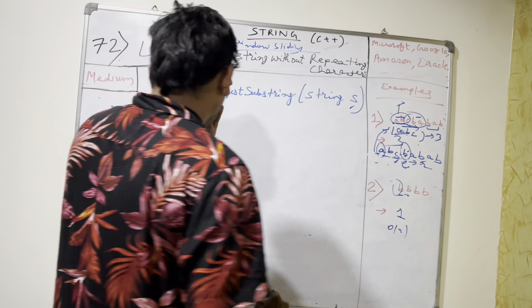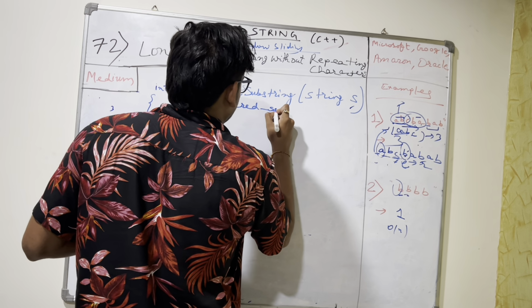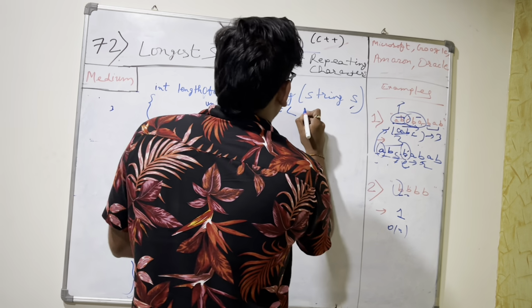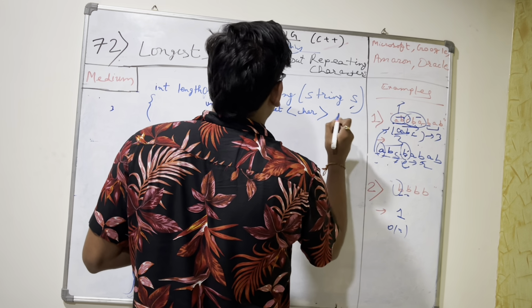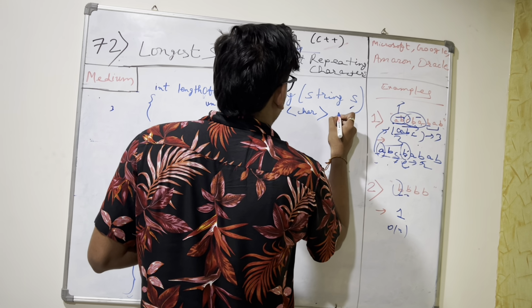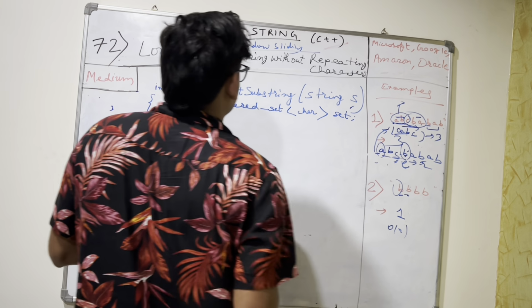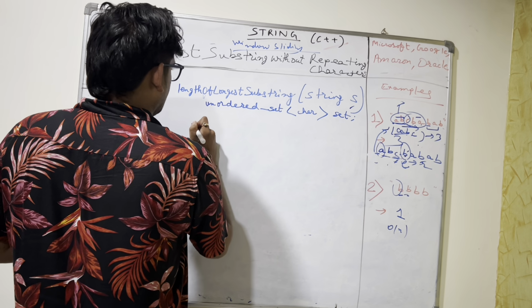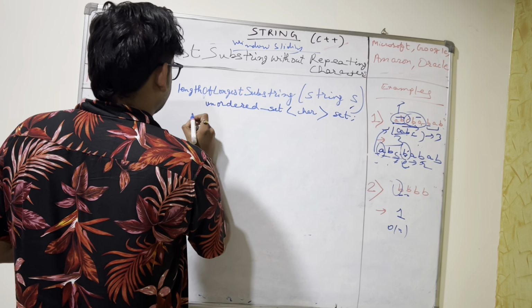Let's code this. Okay, so we take an unordered set of characters, and let's name it set. Then string s, and now we will traverse this string.